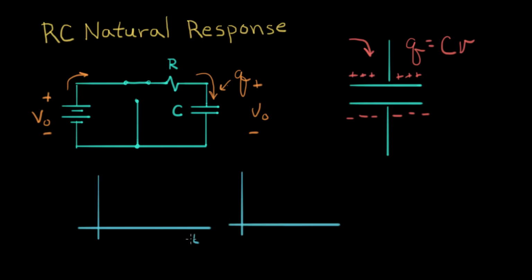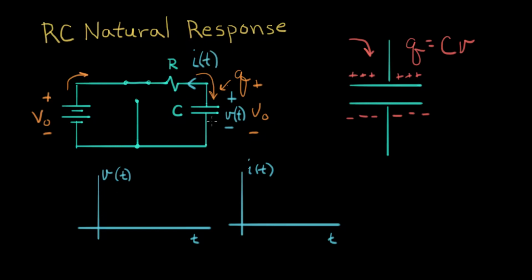So this will be our time axis. This will be V of t, which is this voltage here. And this will be I of t. We're going to label I of t to be this current here, and you'll see why I picked that direction in a minute.